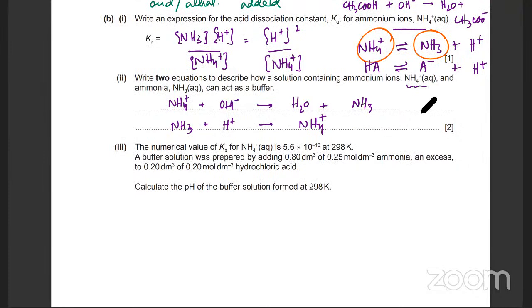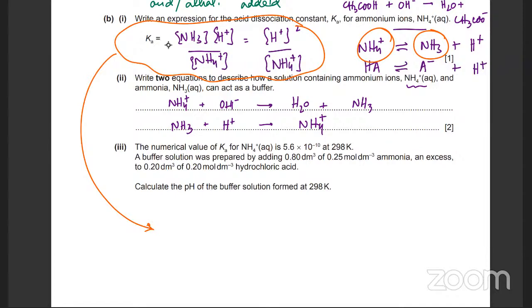The next part is, make sure you remember this. Almost in every paper, they ask you for this particular question. Now, the numerical value of Ka for NH4 plus 1. They've given us the value for this one, Ka.